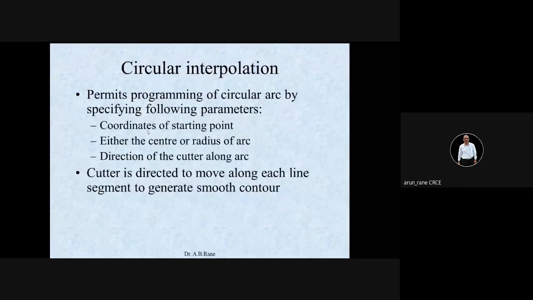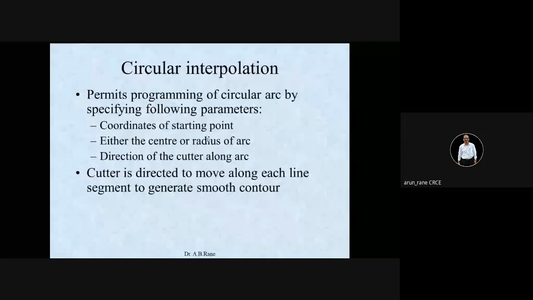What about circular interpolation? You have to give the coordinates of the starting point, and also, in the program, you have to give the center. Either you have to give the center or the radius of the arc.